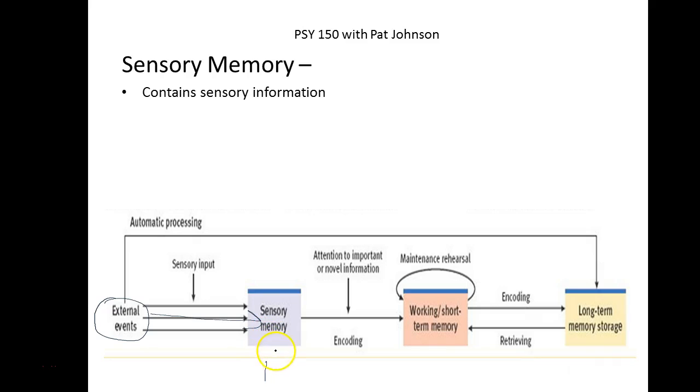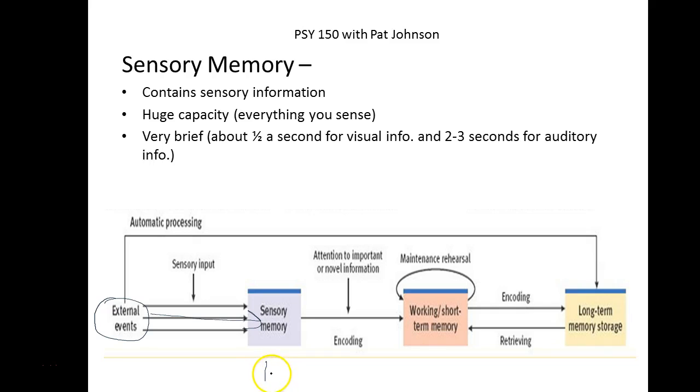It contains sensory information. It has a huge capacity, so everything you can sense goes into that first stage of sensory memory. Its downfall is that it's very brief. It's about a half a second for visual information and only about 2 to 3 seconds for auditory information.